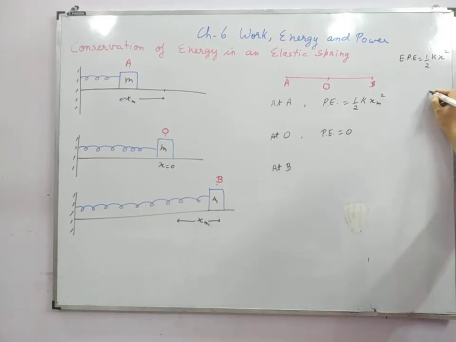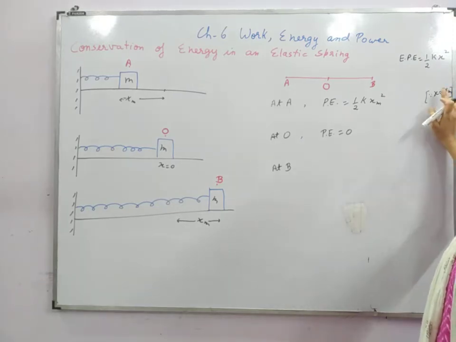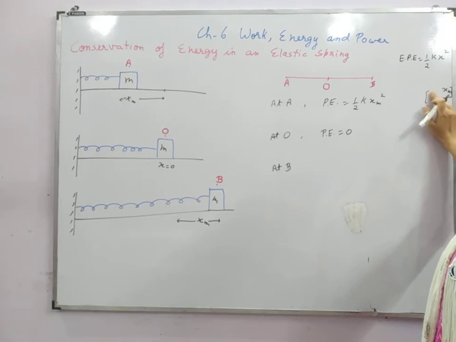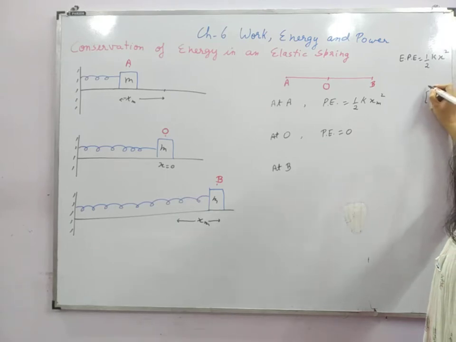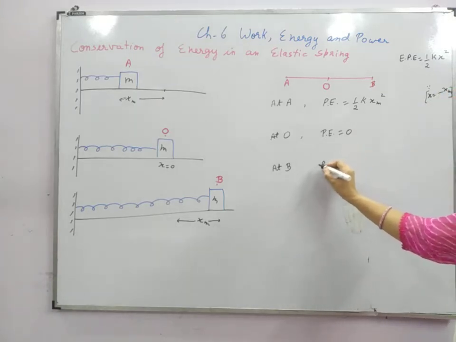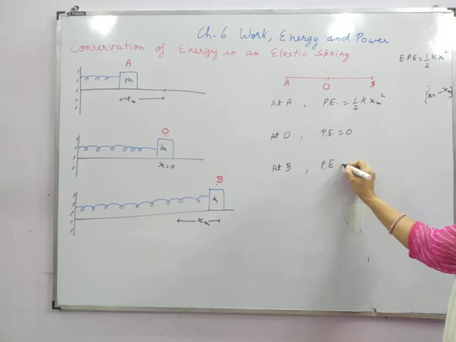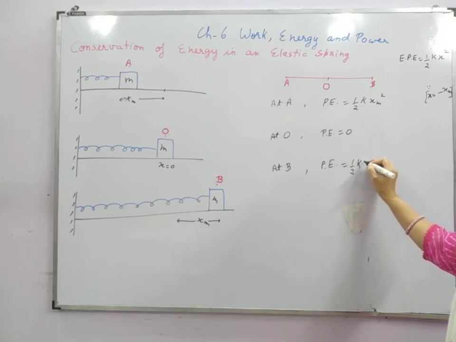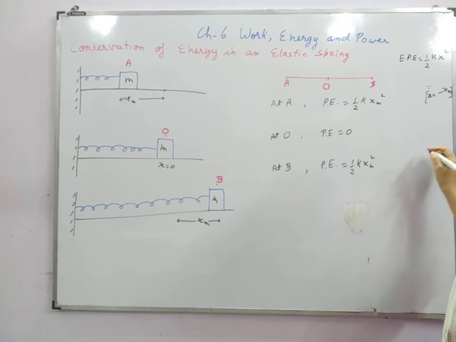Why? Because here x is equal to minus xm, and in this case the potential energy will again be half k xm square, since here x is equal to plus xm.